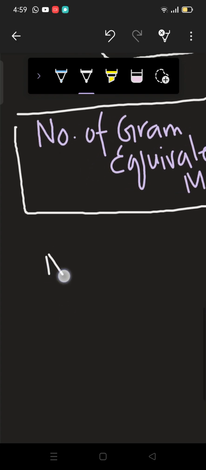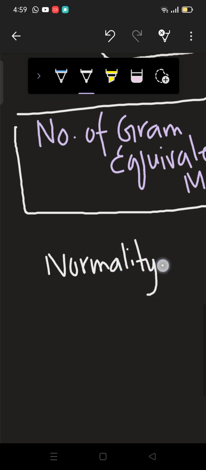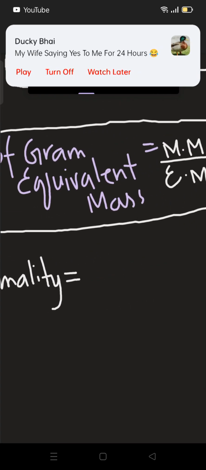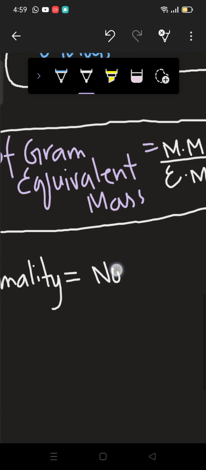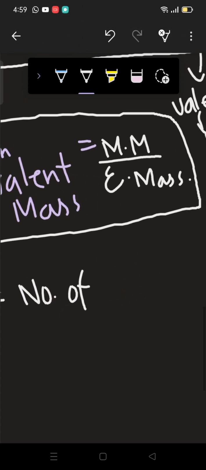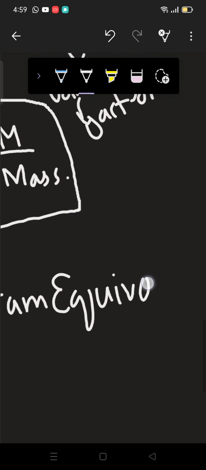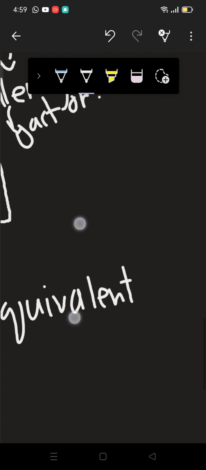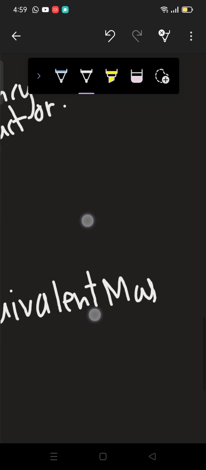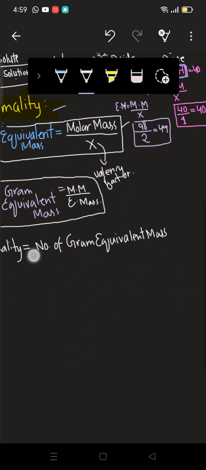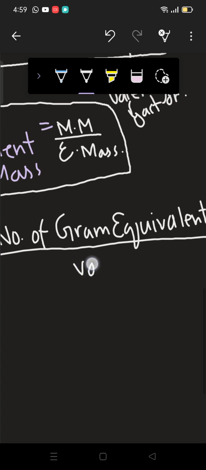So for finding the normality, the formula is the number of gram equivalent mass per unit volume, since this is related to volume, right?